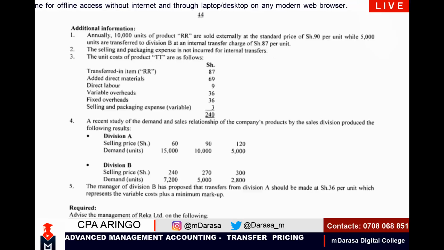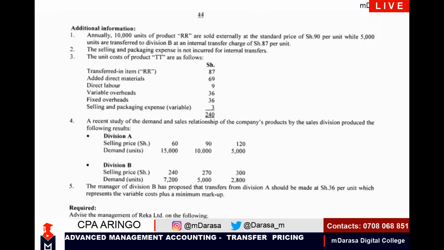We add. Probably a person will ask, Mwalimu, note 2 is telling us that the selling and packaging expense is not incurred for internal transfers. That now will affect us when you want to transfer the variable cost to the receiving division.